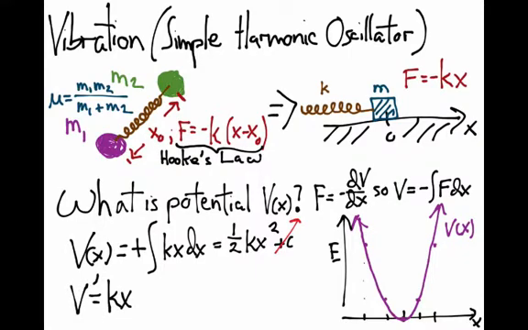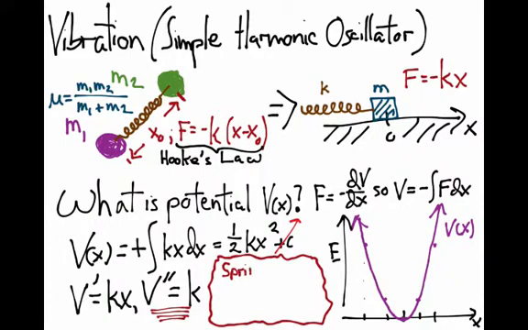The first derivative of the potential, again, is equal to the spring constant times x. That means the second derivative of the potential is just equal to k. And that's important to remember. The spring constant k is just equal to the second derivative of the potential energy.